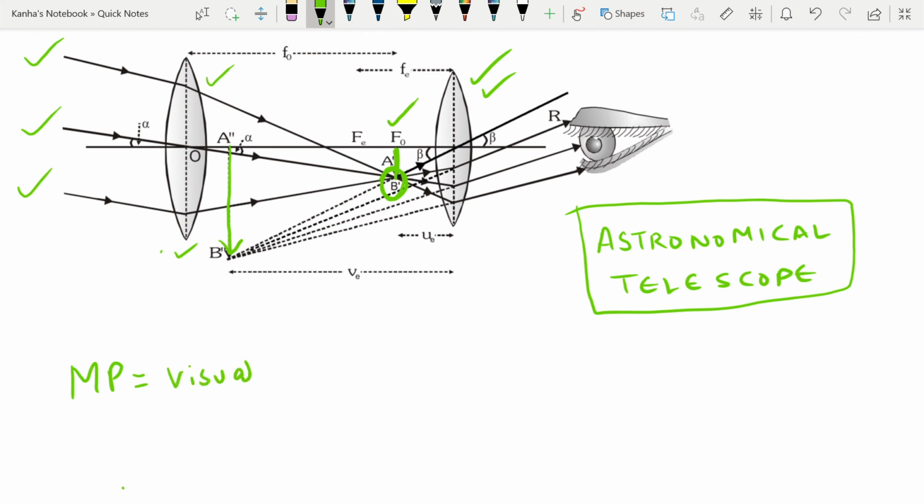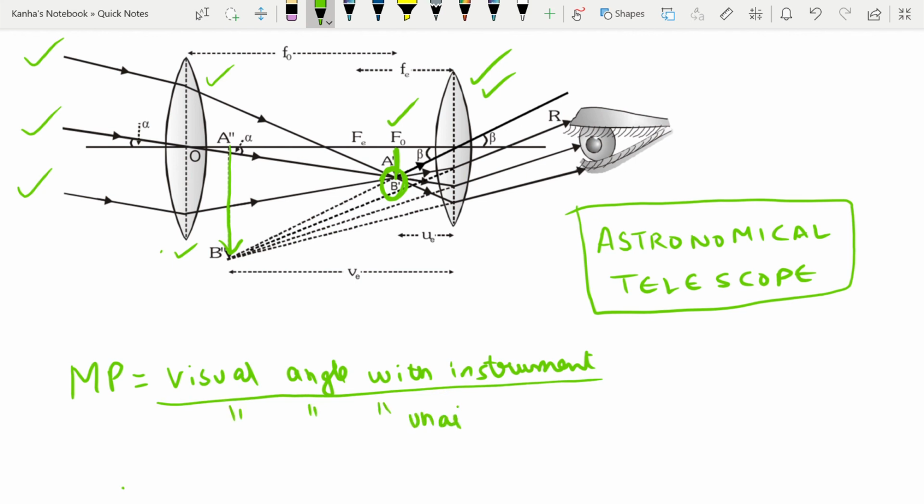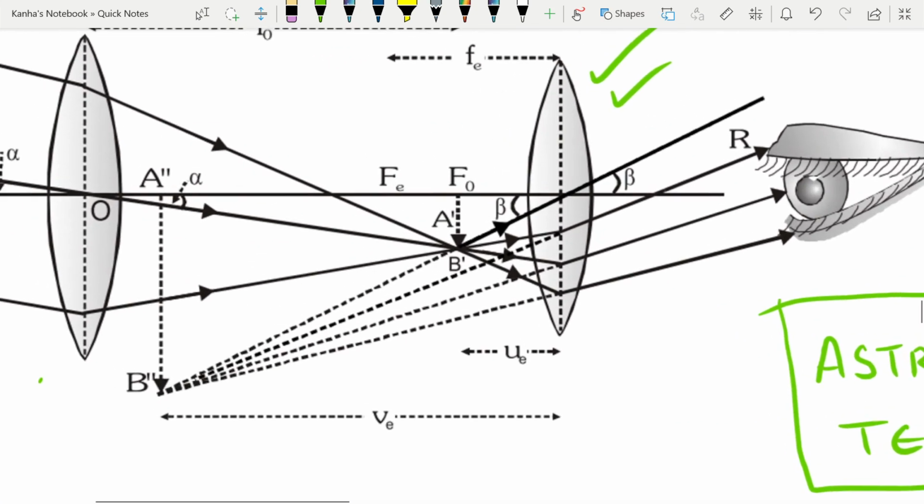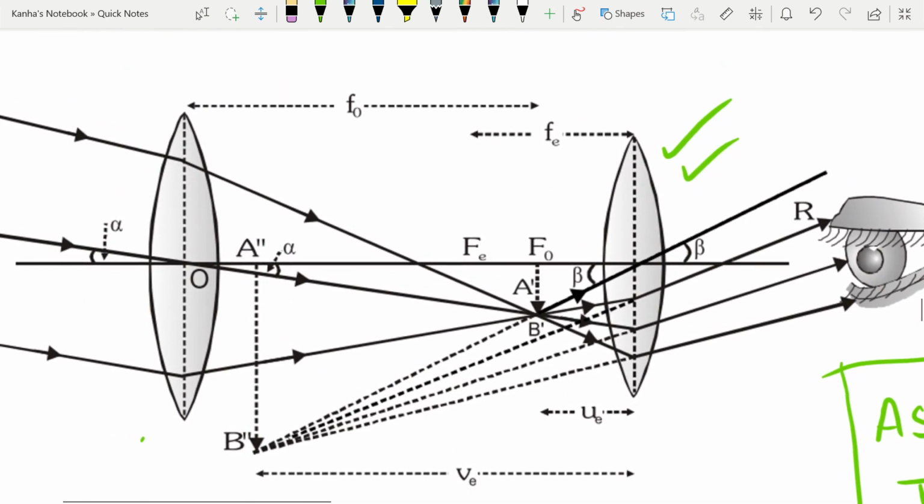So visual angle with instrument by visual angle with unaided eye. This is beta, this is alpha. I'll just erase this and zoom in so that you can easily see what beta and alpha are.